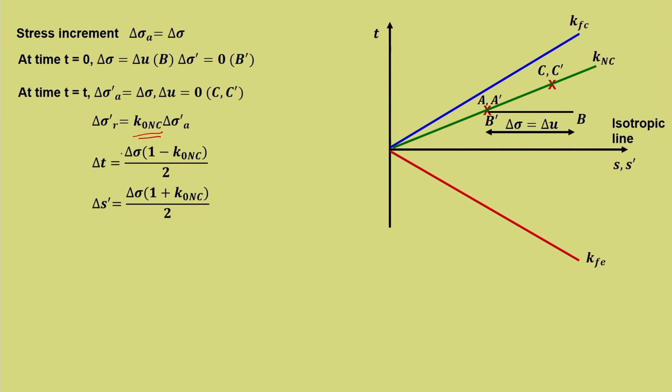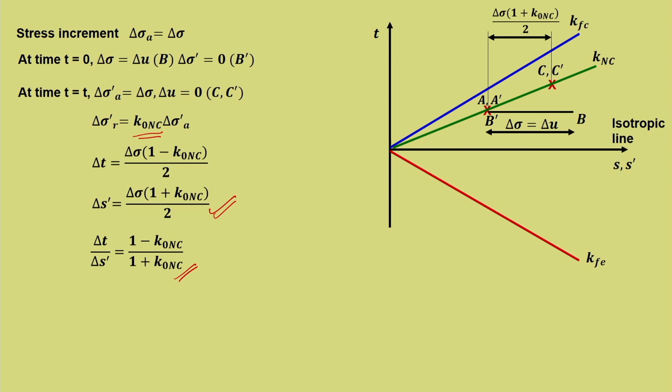You are taking delta sigma_a outside, that is equal to delta sigma, and delta s' is equal to delta sigma times (1 plus K naught NC) by 2. So, delta t by delta s' is equal to (1 minus K naught NC) upon (1 plus K naught NC). That will be the slope of the K_NC line, and the increment delta s' is given by delta sigma times (1 plus K naught NC) by 2, and the slope is given by delta t by delta s'.